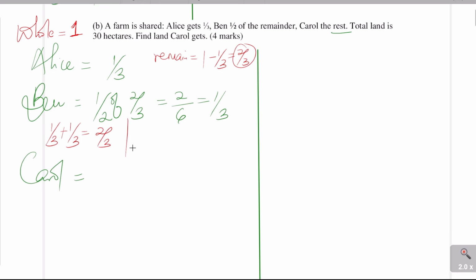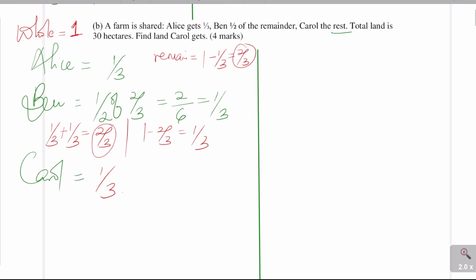We take the whole land to be 1, then subtract what Alice and Ben got, which is 2 thirds. This gives a third. We still remain with a third. So it seems the land was divided equally. So Carol will get the rest, and the rest is a third.